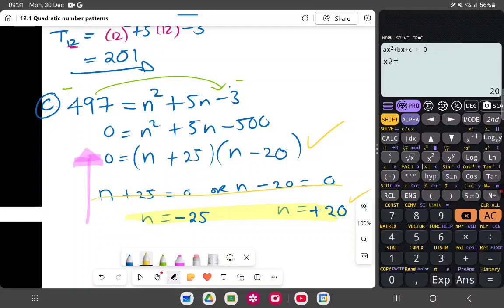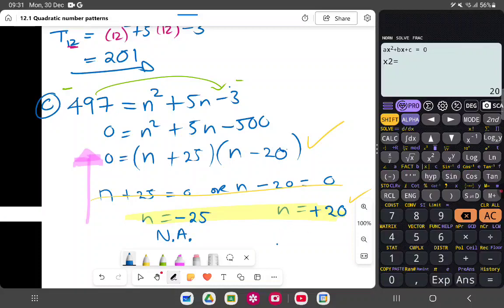But now, what is the answer to the actual question being asked? The question is asking me, which term equals 497? Now, according to our sequence, we cannot have a negative number. So we are going to say this one is not applicable.